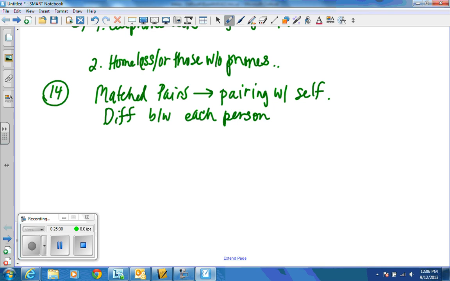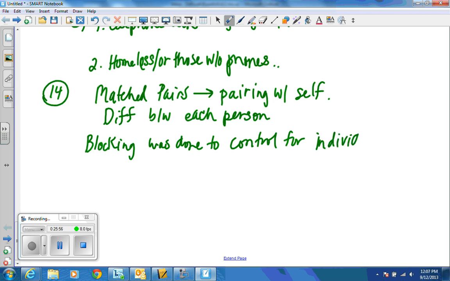It may be a little slower or something, but they may just be able to tap faster. Better reflex, I don't know. Okay? So thus you want to kind of block by individual dexterity, like how fast they can do it. You like those big words? There we go. But individual differences in dexterity.